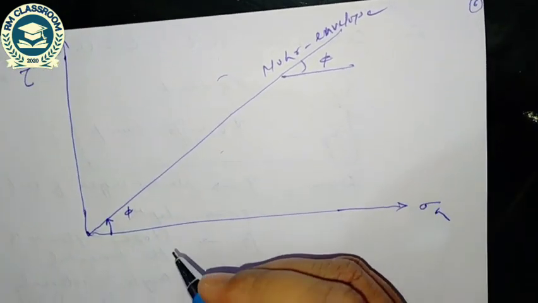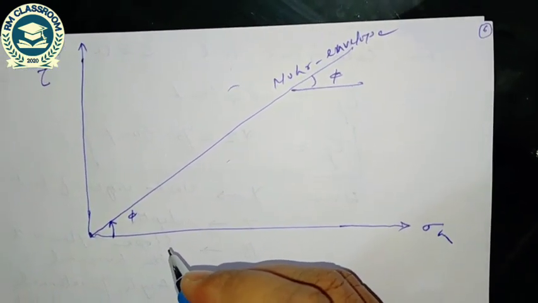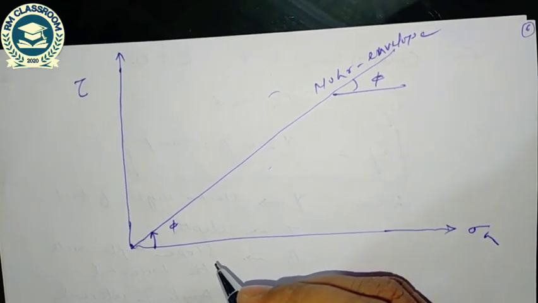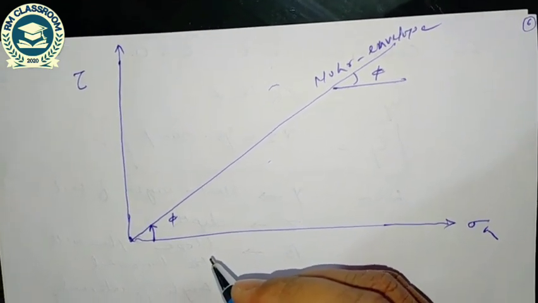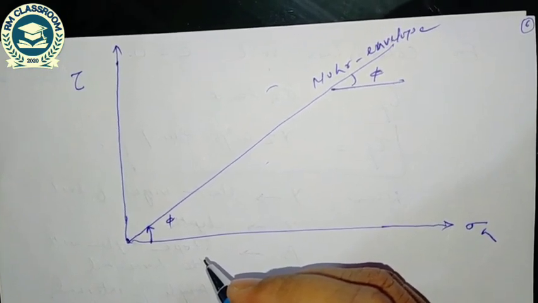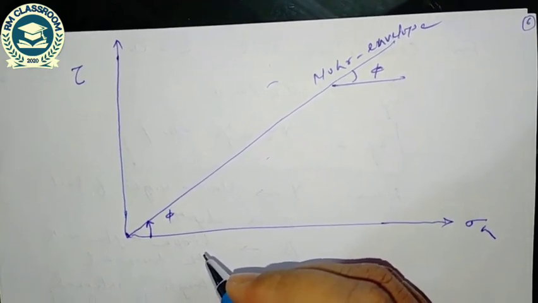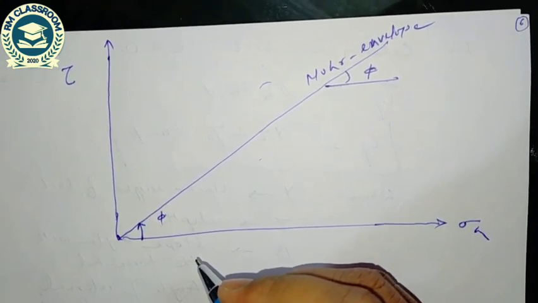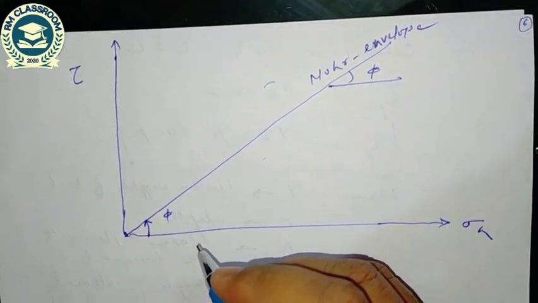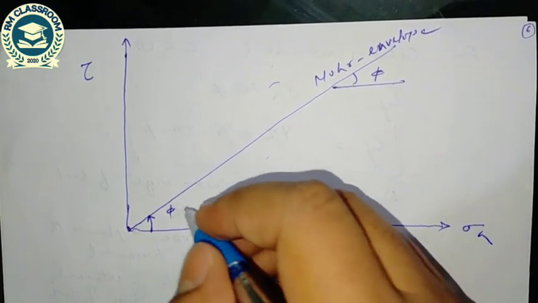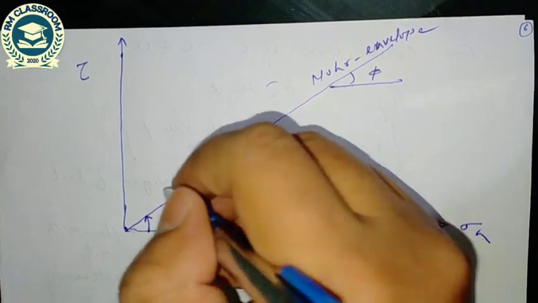So what is the condition for a stable slope? Factor of safety should be greater than 1. In which condition? When the slope angle is less than the angle of internal friction.